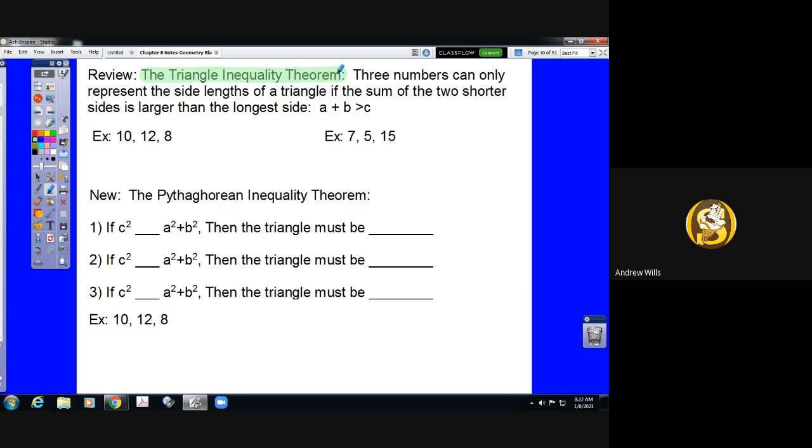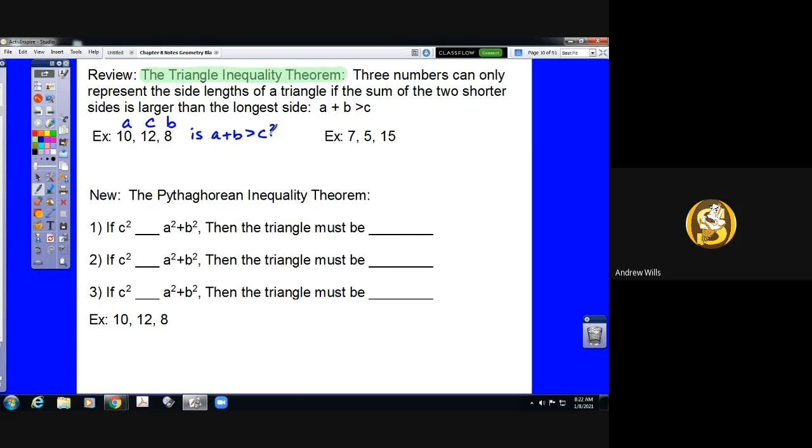So for instance, if we look at these 2 examples here, and C again is the biggest side, then if we look at a set of numbers, like 10, 12, and 8, 12 would be C, and we can check to see whether or not A plus B is bigger than C, and that tells us whether or not those 3 numbers can be a triangle.